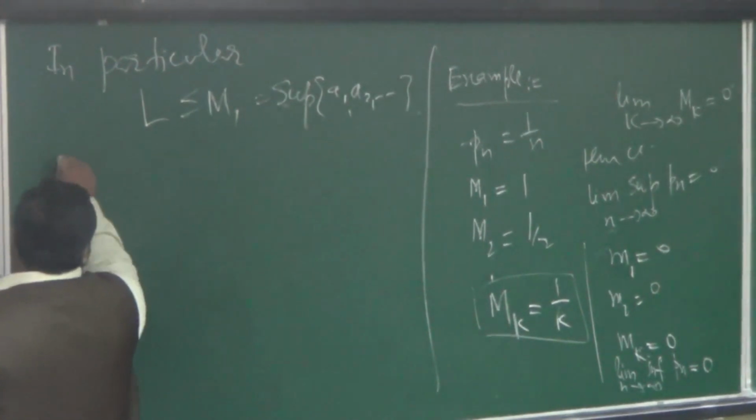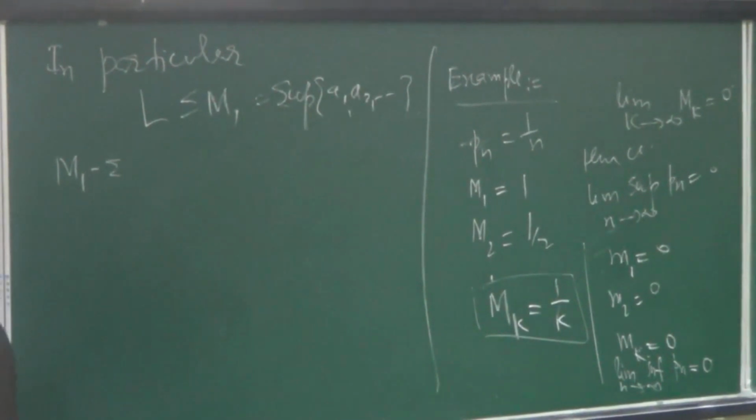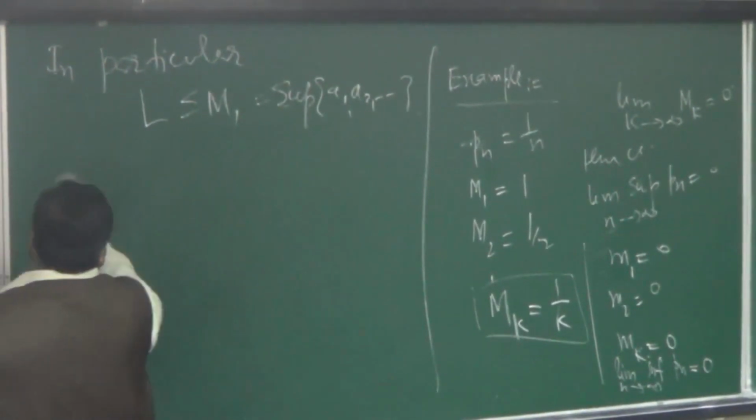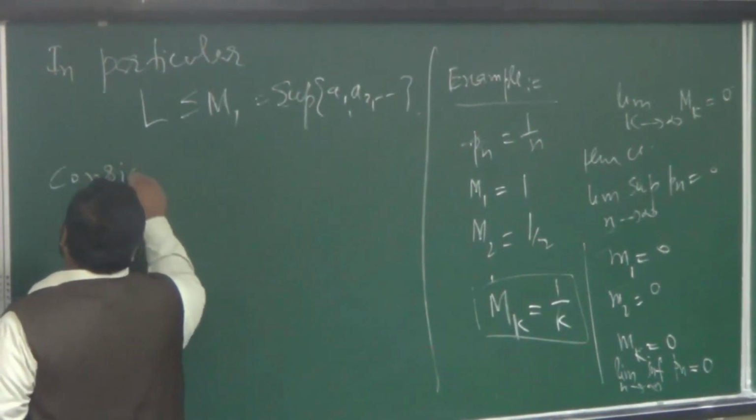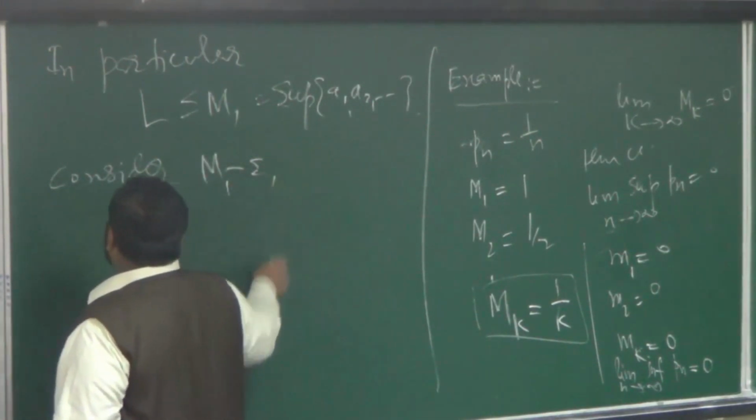Now consider this number M1 minus epsilon. Why is this an interesting point?